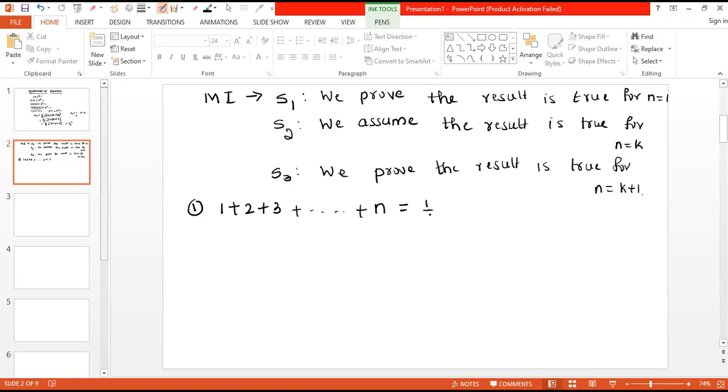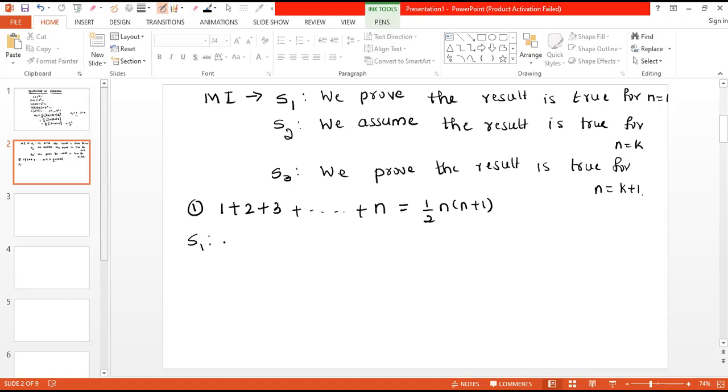Is it equal to half n into n plus 1? This is what we have to check, whether it is true or not, using mathematical induction. Let's see how we prove it. As we said, the first step is to see whether the result is true for n equal to 1 or not.